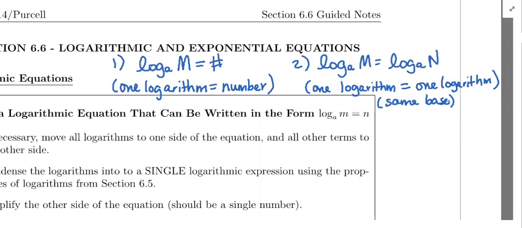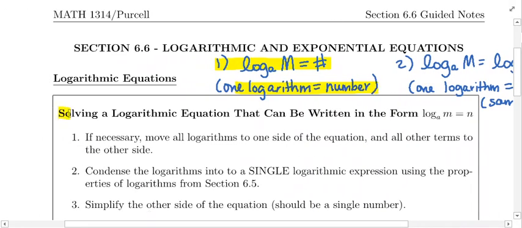Depending on the situation, you're going to work them differently. So we're going to start with situation number 1. That's what's outlined in the box: how to solve a logarithmic equation that can be written in the form log base A of m is equal to n.